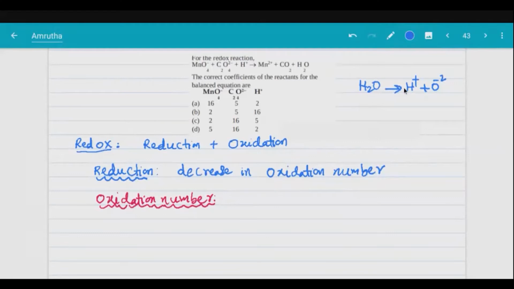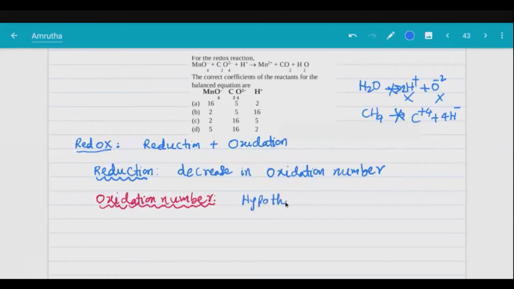Will it give like this? No. H2O can't give H plus and O minus 2. And look at another example, CH4. CH4 can't give C plus 4 or 4 H minus. No, it is not possible. So it is a hypothetical charge.